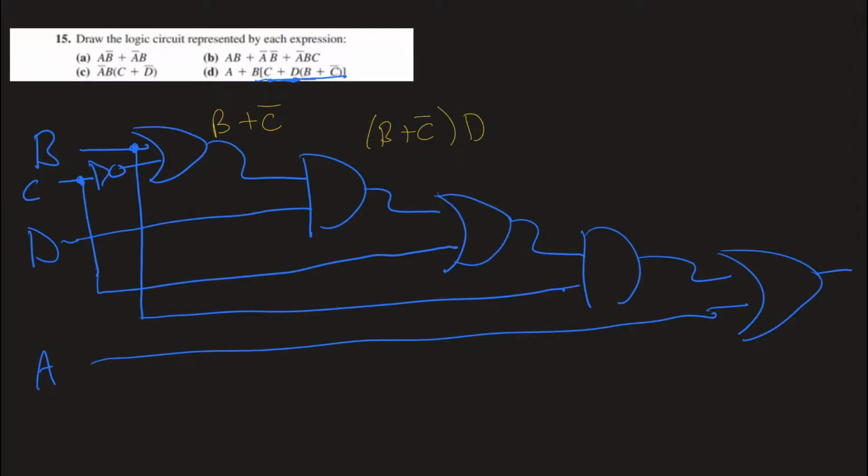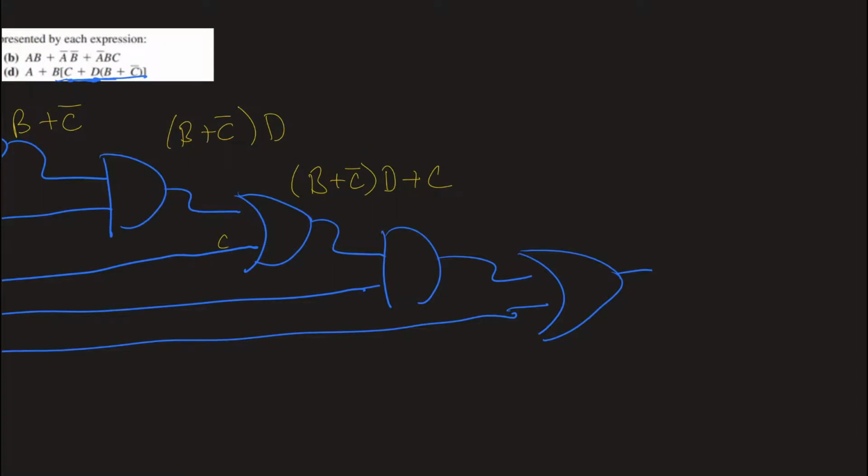Here we have an OR again. So we have B or C naught in parentheses ANDed with D or, which one was that? B? No, C. The C coming in. Or C. Again, here we need to use parentheses. I'm going to write it up here.